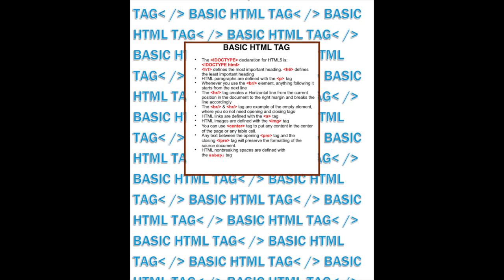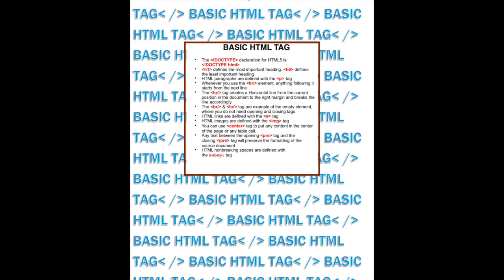HTML paragraphs are defined with the p tag. Whenever you use the BR element, anything following it starts from the next line. The HR tag creates a horizontal line from the current position in the document to the right margin and breaks the line accordingly. The BR and the HR tag are examples of empty elements, where you do not need opening and closing tags.